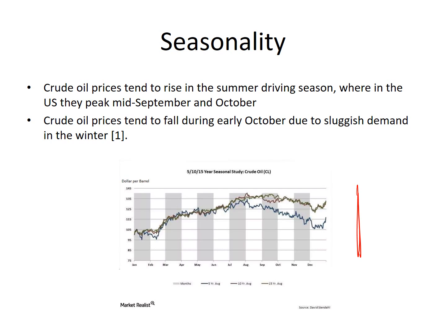So over here is a peak. They also tend to fall during early October due to sluggish demand in winter. Obviously, in warmer seasons there's a higher consumption rate of oil, which leads to higher prices. In winter there's less consumption, which means the prices drop. So this produces a seasonal effect.